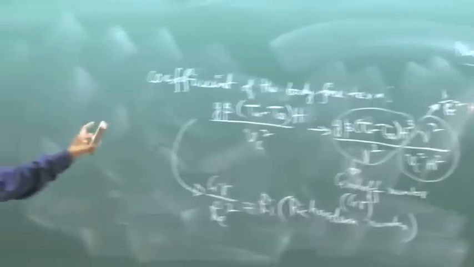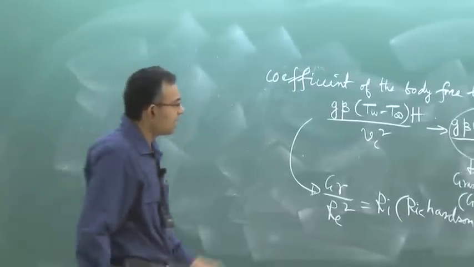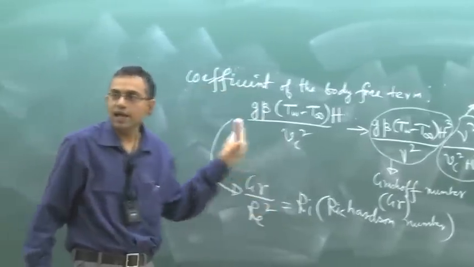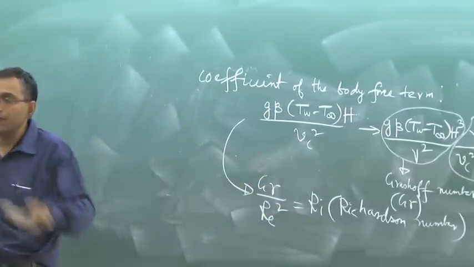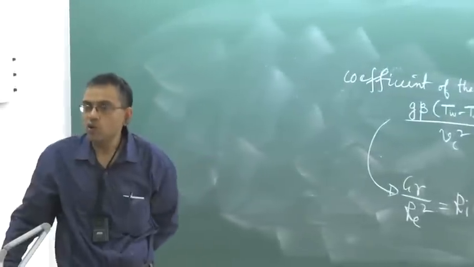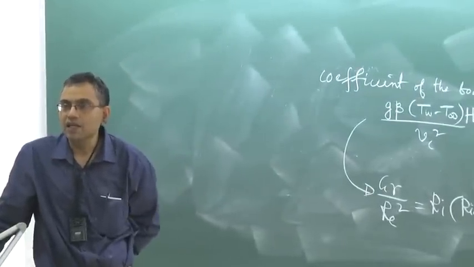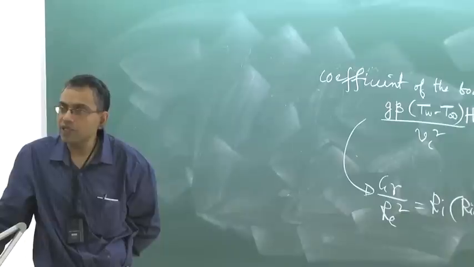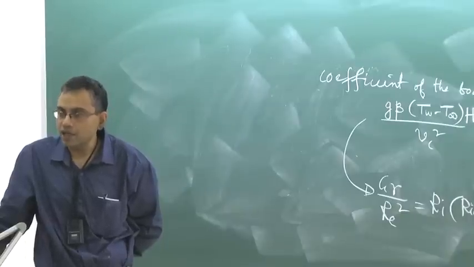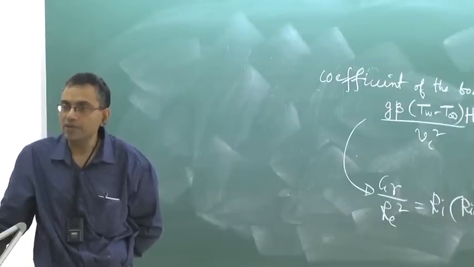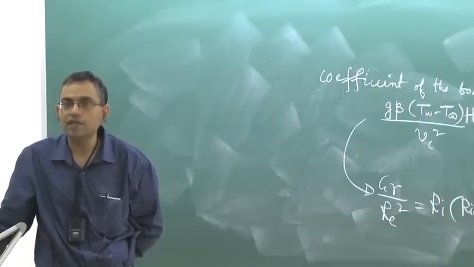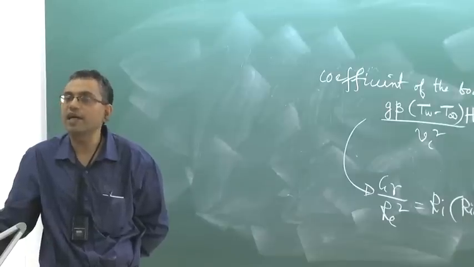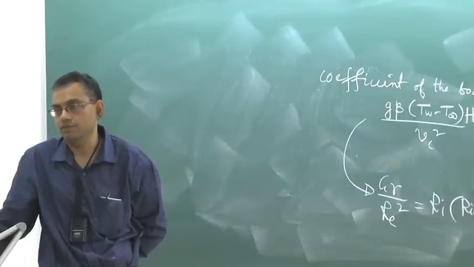Now what is the name? This is important, but it is more important that now from here can you tell, given a physical problem, how do you assess whether forced convection effect is important, whether natural convection is important, or whether you have to model it as a mixed convection where both forced and natural convection are important.